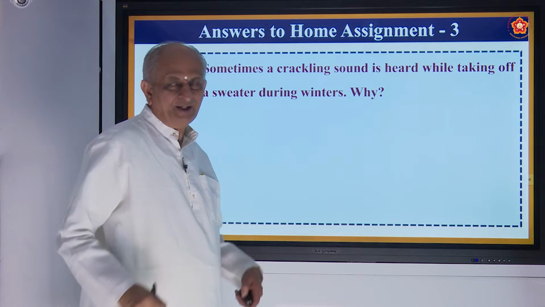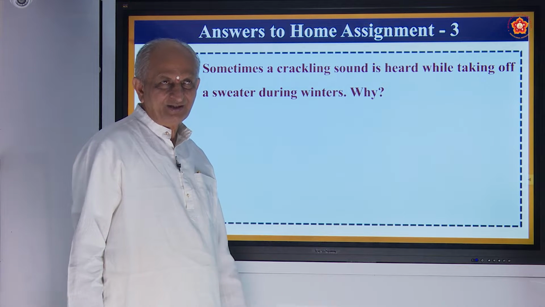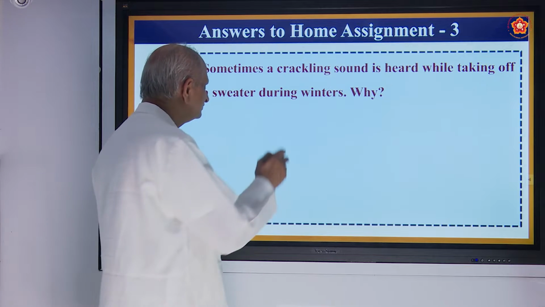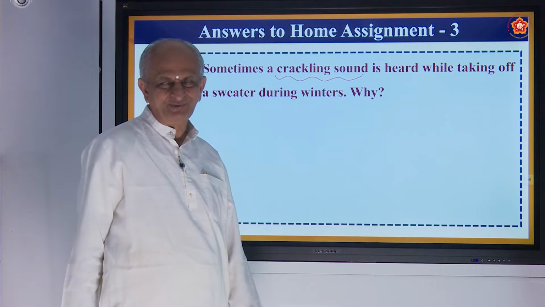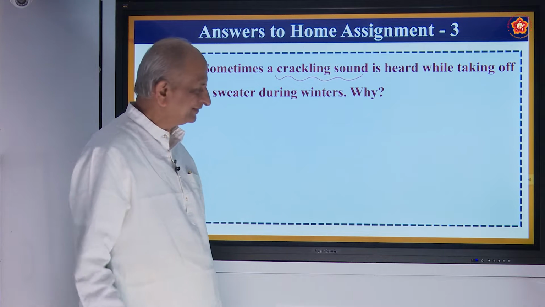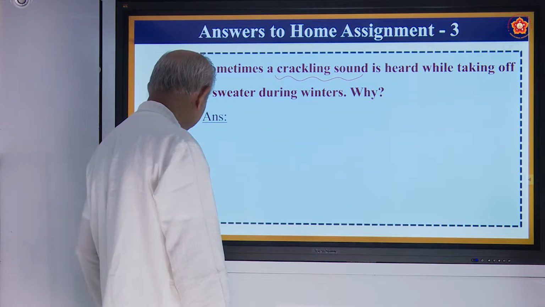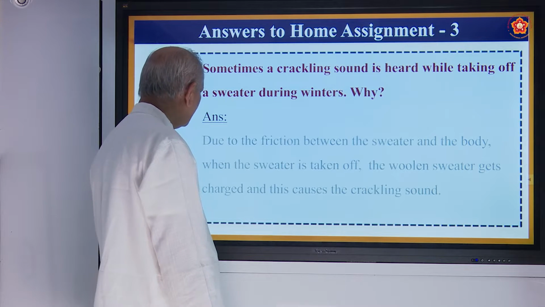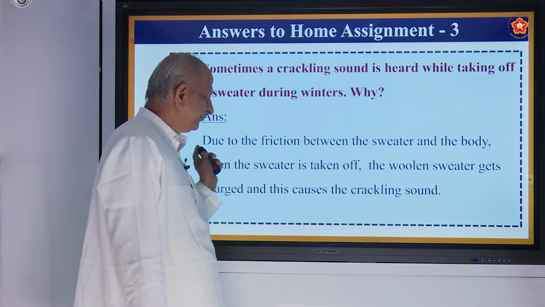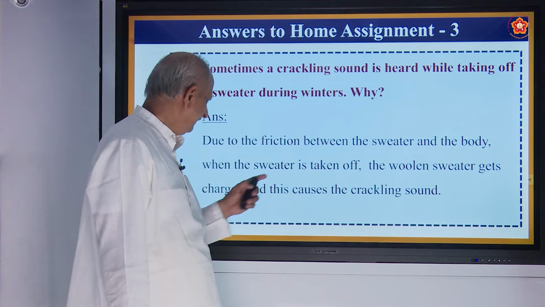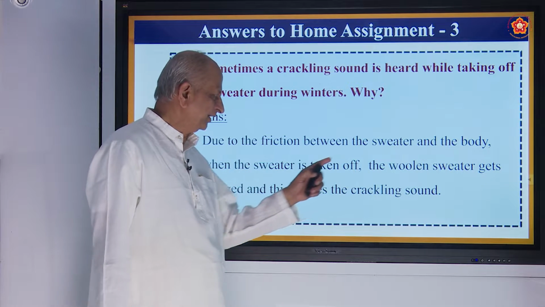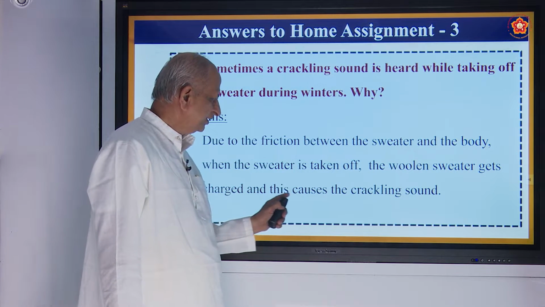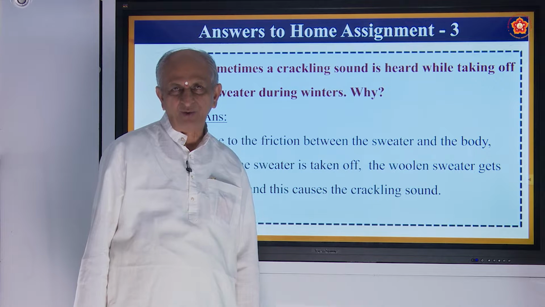There will be a sound, that is called crackling sound. And you can see some flashes of light also. Why does it happen? The answer is due to friction between the sweater and the body. When the sweater is taken off, the woolen sweater gets charged, and this causes the crackling sound.